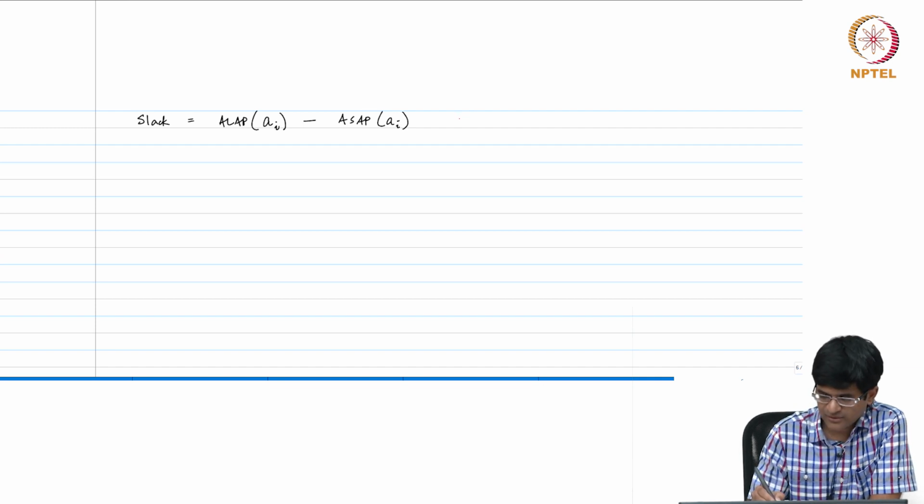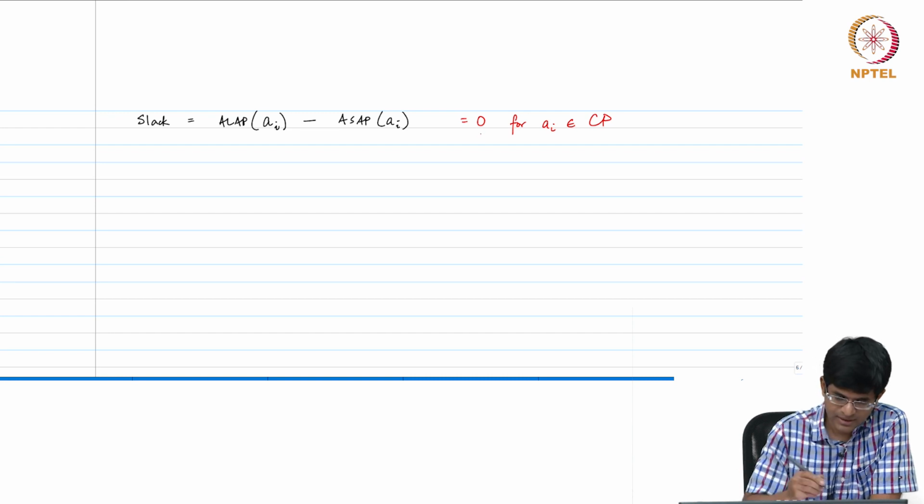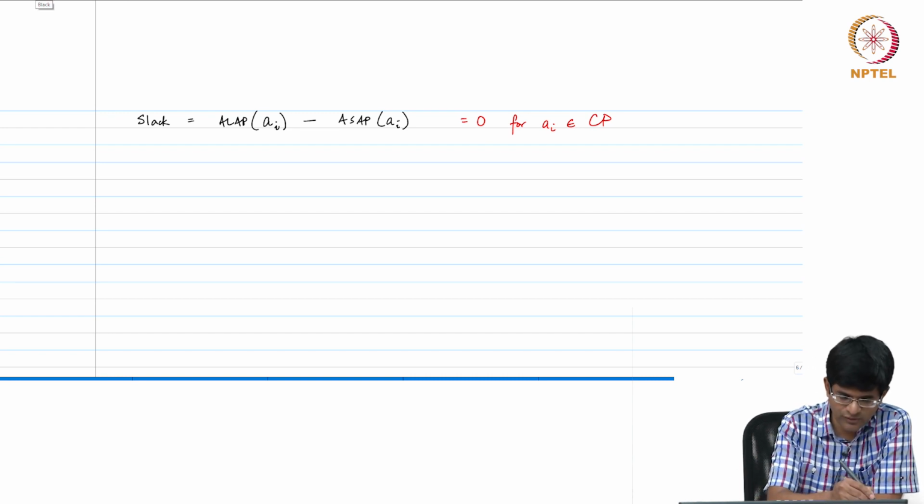Which means basically that it will be equal to 0 for operations on the critical path and could be some integer for other operations, okay? Integer because it's number of clock cycles.